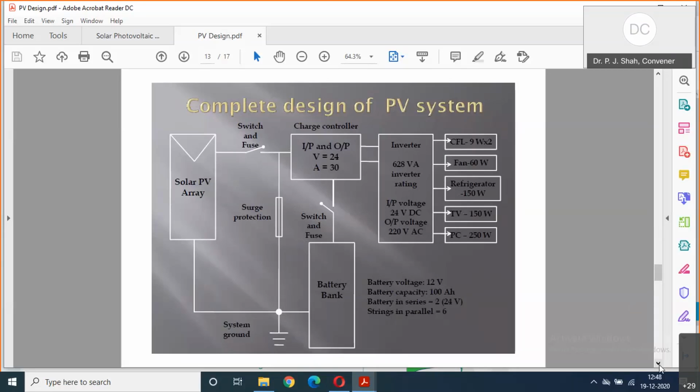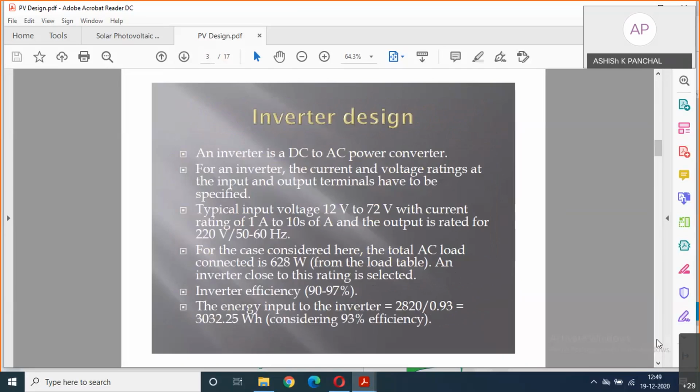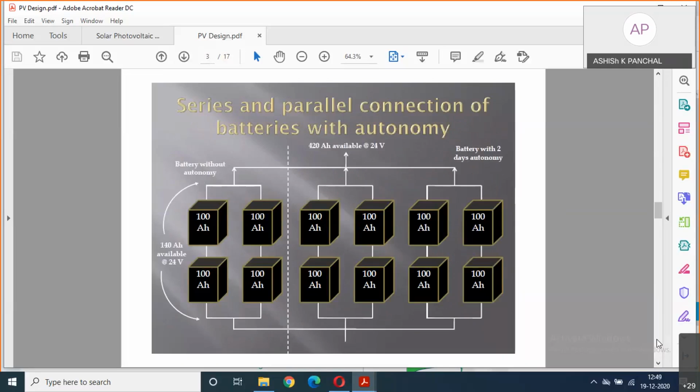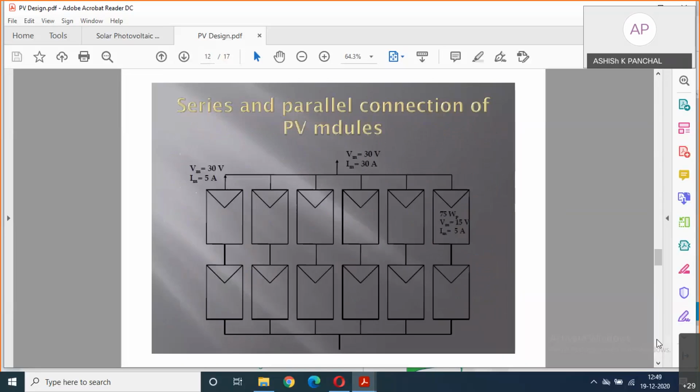Somewhat is breaking. Let it be, sir. You just continue. Okay. So these are the steps of this design.